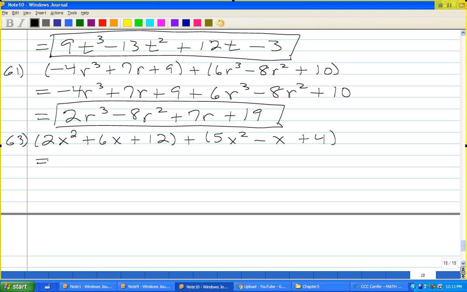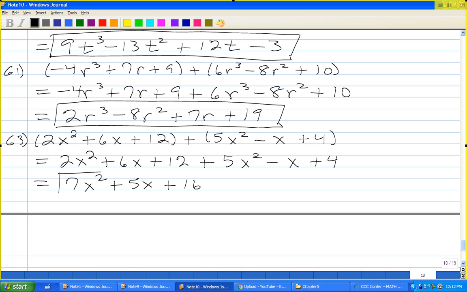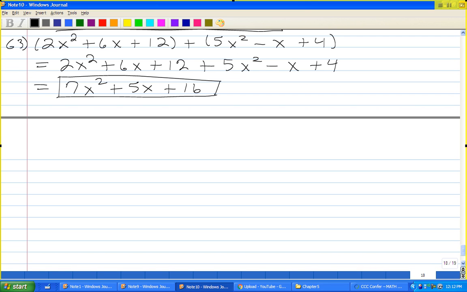Getting rid of all the parentheses: 2x squared plus 6x plus 12 plus 5x squared minus x plus 4. 2x squared plus 5x squared is 7x squared. 6x minus x is 5x. 12 plus 4 is 16. And that is the sum of those two differing polynomials.